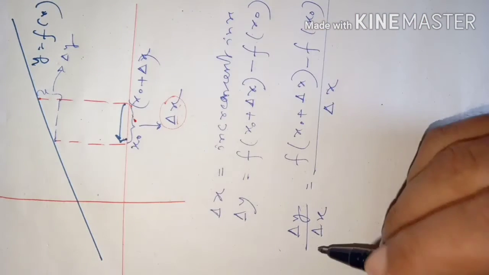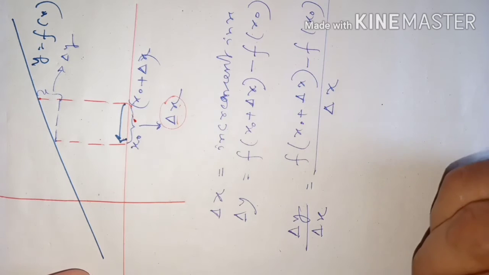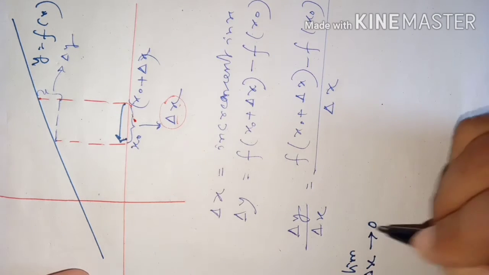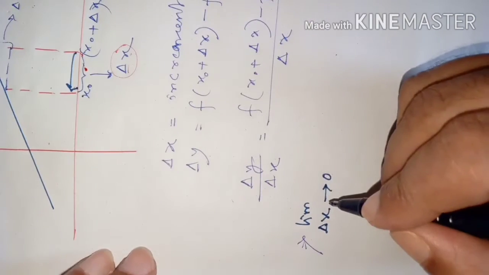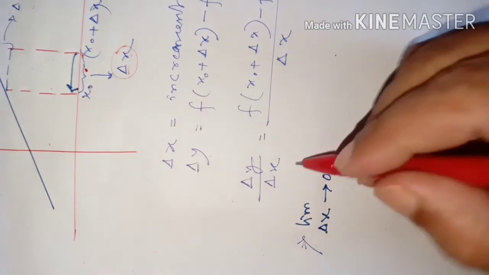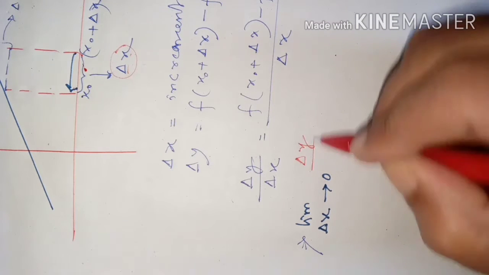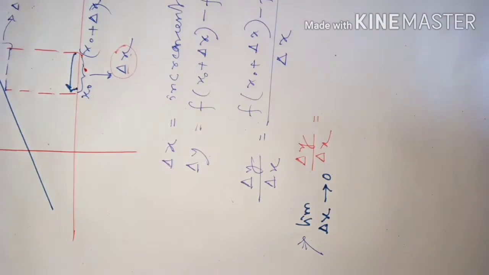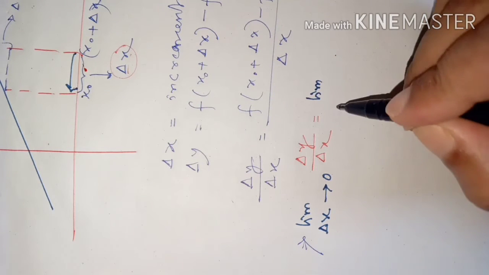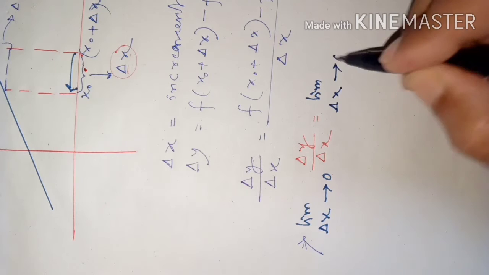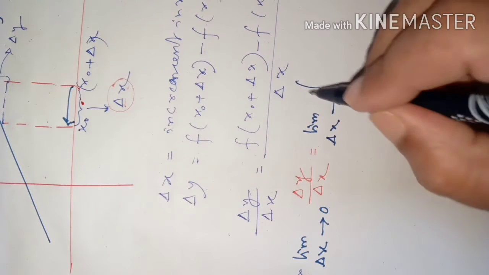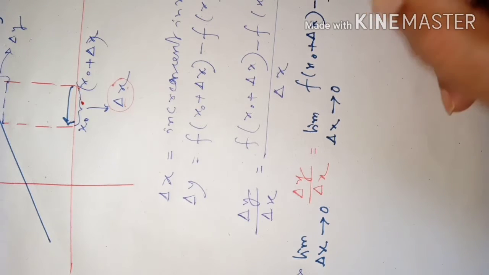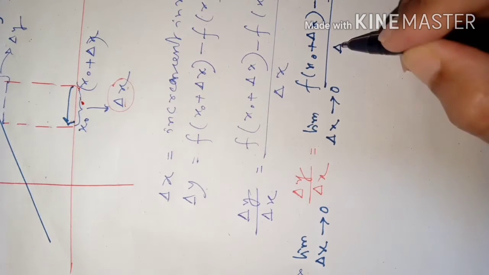At that time, the change in y, we write like this: limit when delta x tends to 0, means almost delta x is equal to 0, then the delta y by delta x ratio is equal to limit delta x tends to 0 of f of x naught plus delta x minus f of x naught divided by delta x.